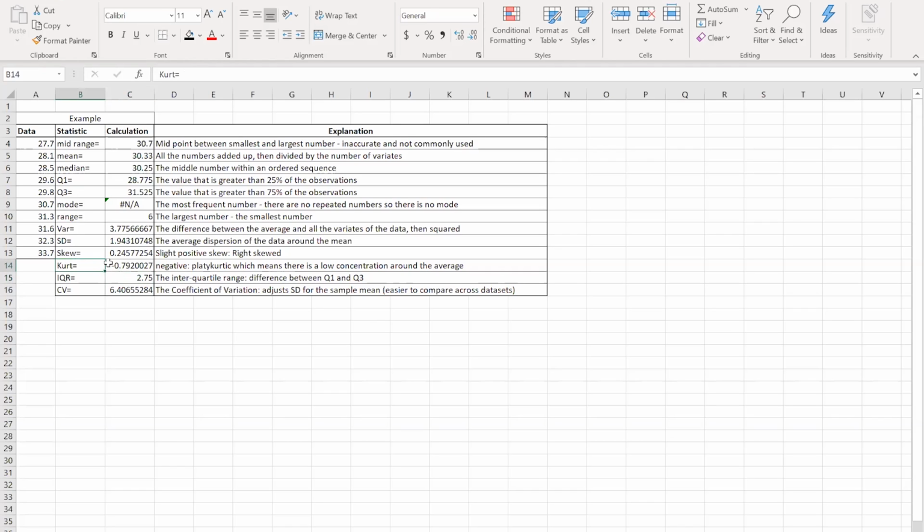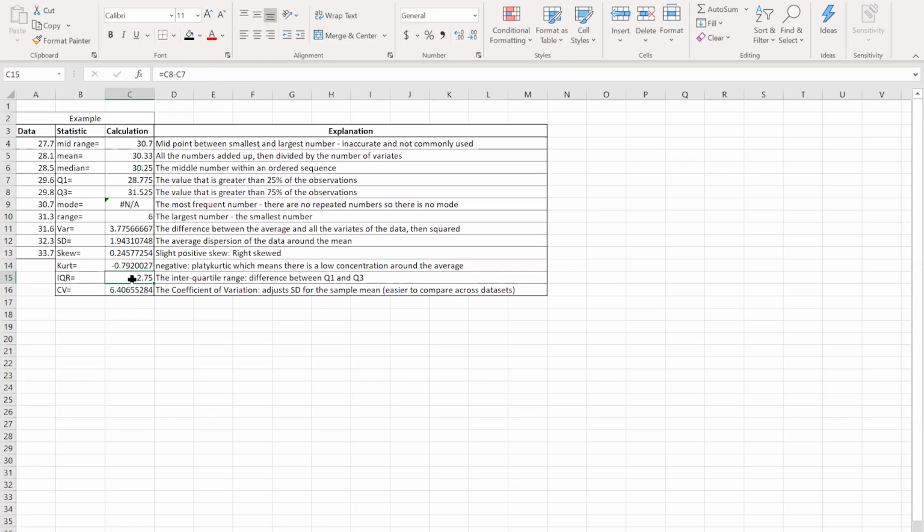And again, just a reminder, Excel automatically calculates excess kurtosis. So if it was actual kurtosis, it'd be 3 more than this, right? This plus 3. But Excel has subtracted 3 automatically to give us excess kurtosis.